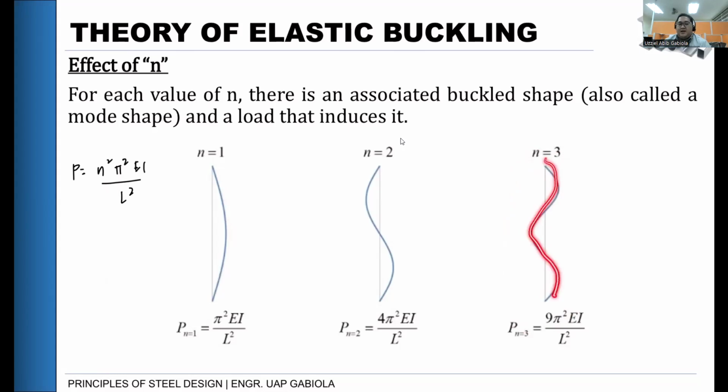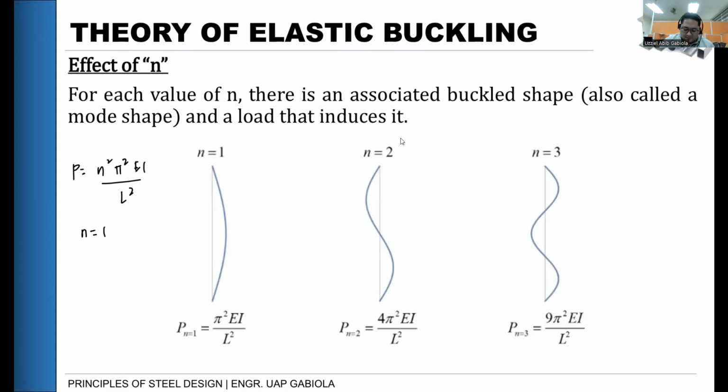Tsaka pa lang natin sasabihin, critical na yung condition ng column natin. So, ang gusto natin sabihin, at the very first mode, okay, yung sa n is equals to 1 pa lang, na nagkaroon siya ng buckled shape, dapat doon na natin aalamin yung critical behavior or yung critical stress na pinopossess ng column natin. Okay? So, kaya ang gagamitin natin dito, n is equals to 1.